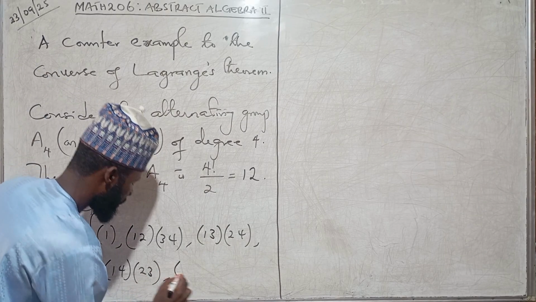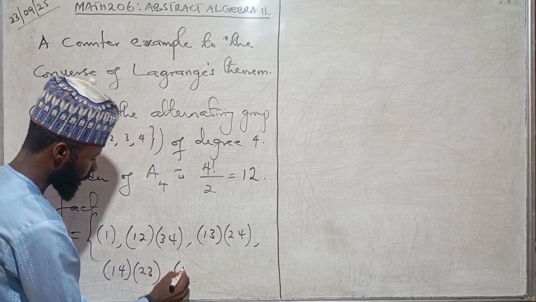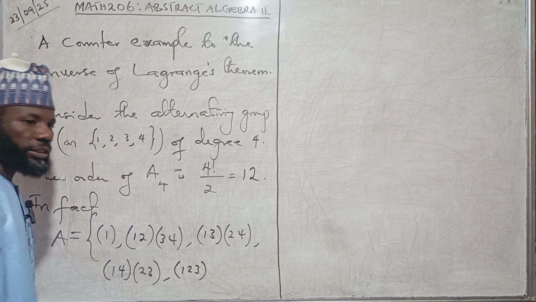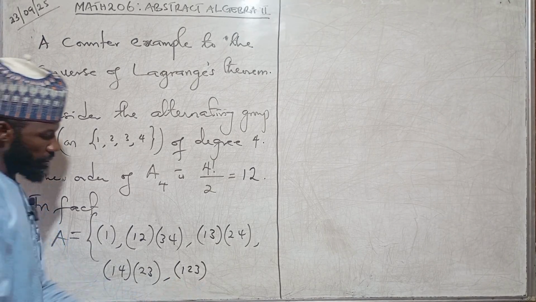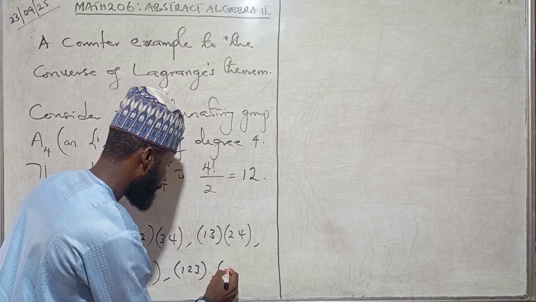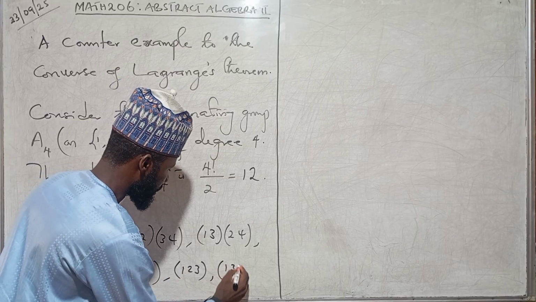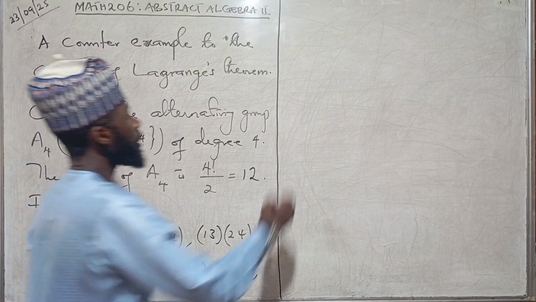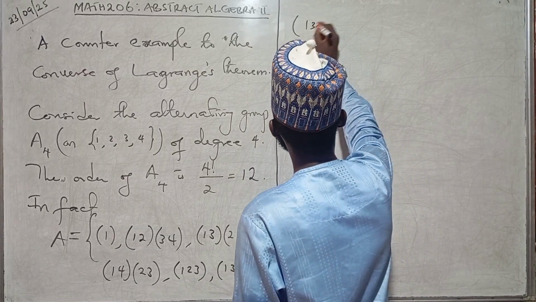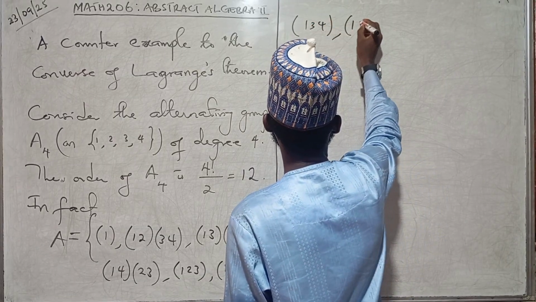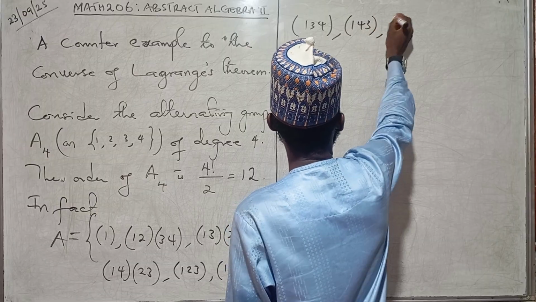And then the odd length cycles, that is cycles of length 3. (1 2 3) will be an even permutation, and its inverse will be (1 3 2). Then you have (1 3 4), and the inverse of this will be (1 4 3).